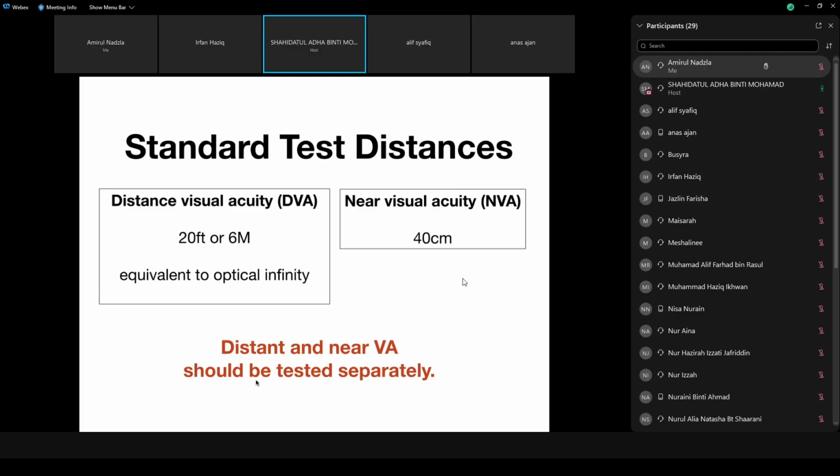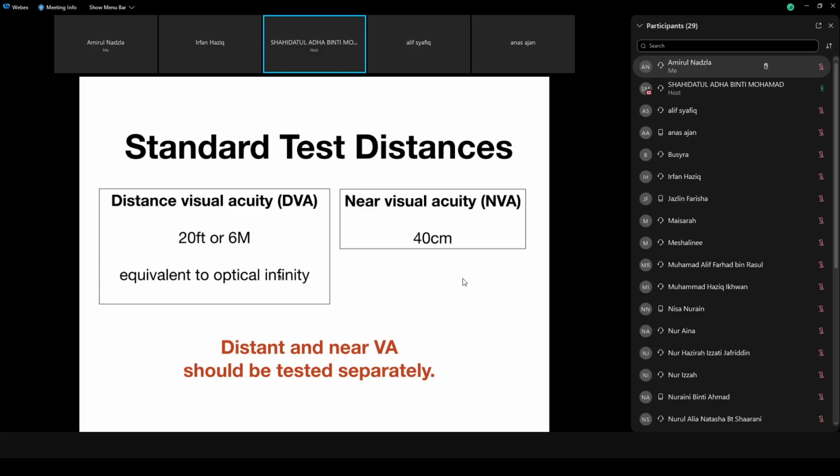So those without natural lens, I mean already undergone cataract surgery and implanted with an artificial lens, they can't accommodate anymore, because the lens no longer changes, it is only one piece of artificial lens, so we need to do near visual acuity. So we go one by one. The distance one we do at 20 feet or 6 meter, because this is equivalent to optical infinity.